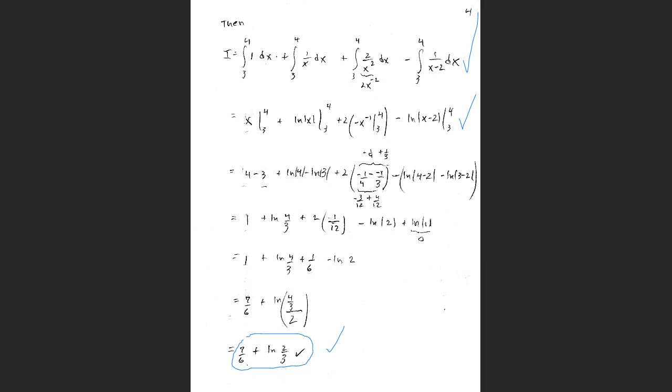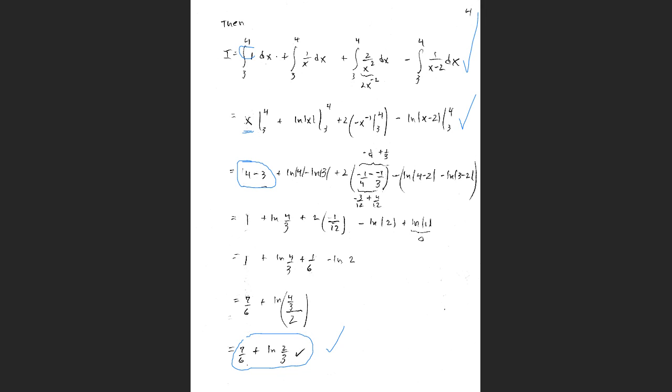Okay, hold on. I see something here. Let's see. Sandia says, how did I get 4 minus 3? Let's see here. Oh, you mean here? Right, right here? Well, the antiderivative of 1 is x.